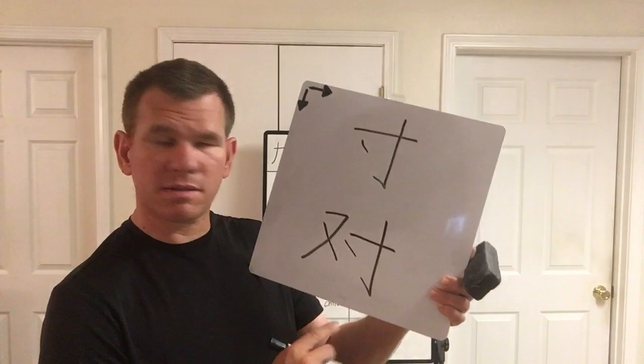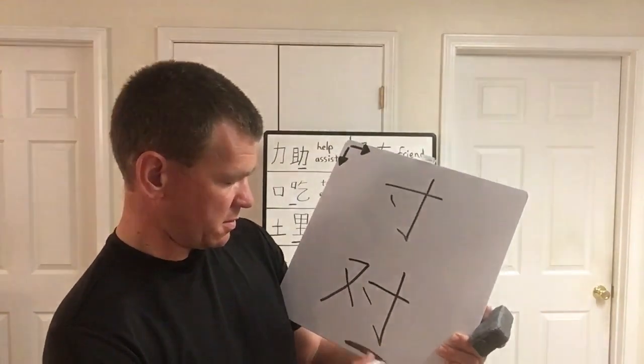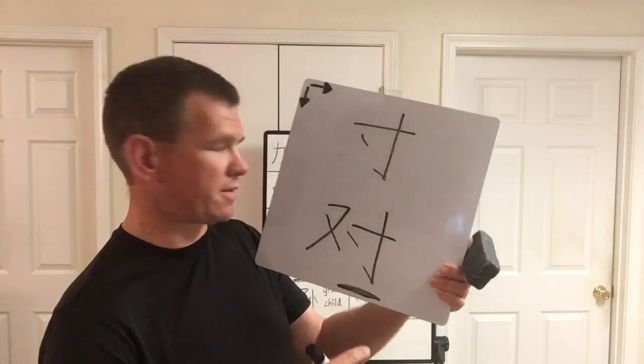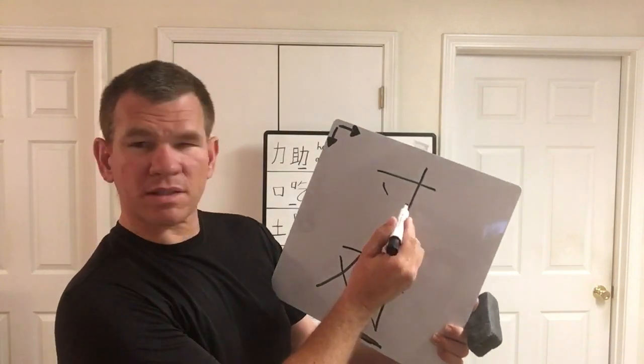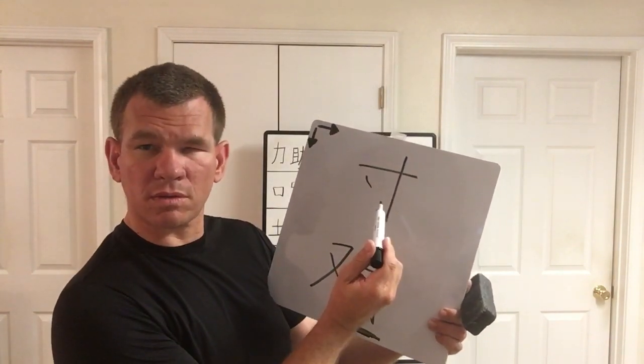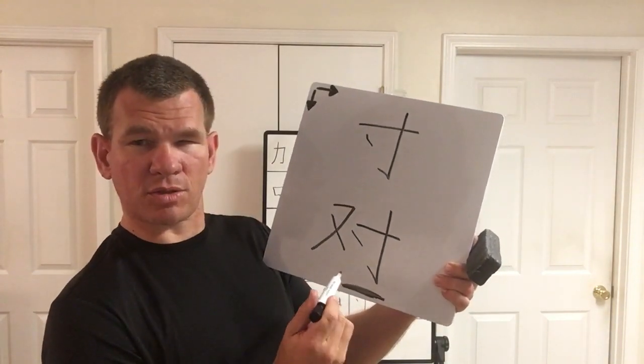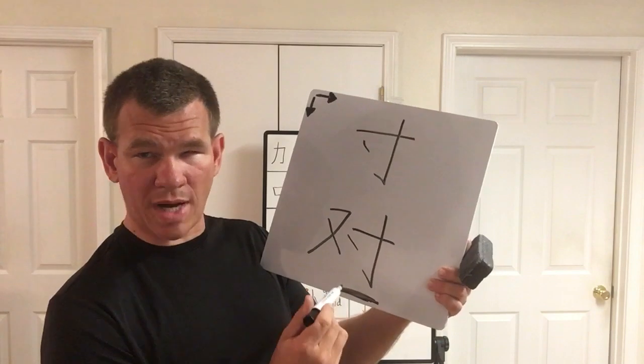This one means, and of course you see that the radical is on the right in this case. So inch or tiny, and then this one means correct or right.